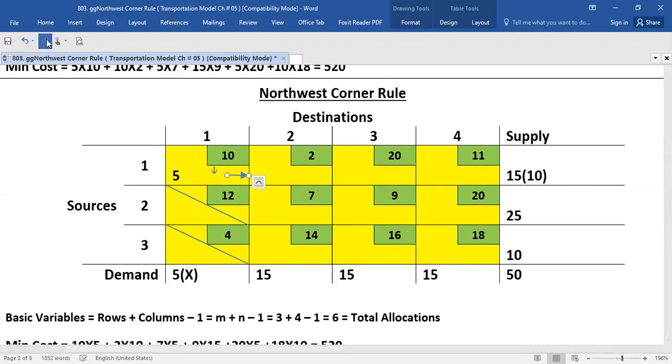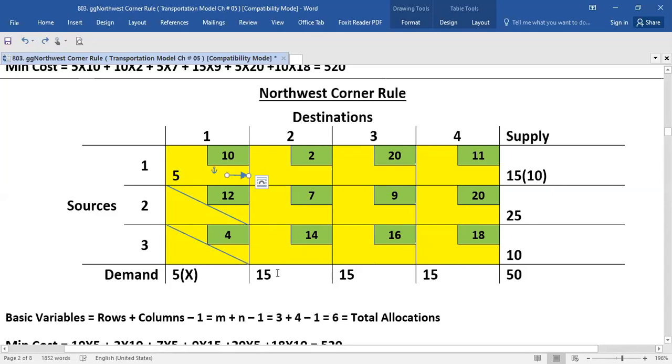Yes, we have moved to the right. This is the connected cell with this cell. So here we see that the demand is, again we repeat these 3 steps as we have done in earlier steps. Here you see that the demand is 15 and supply is 10.